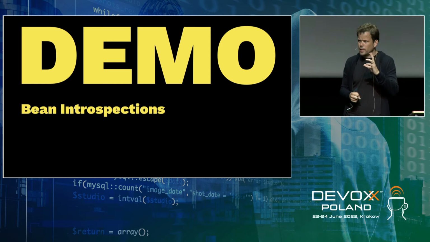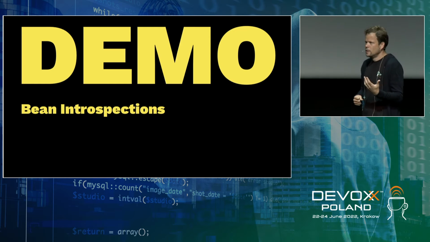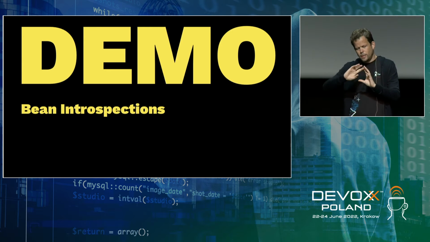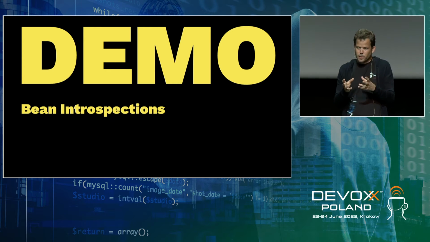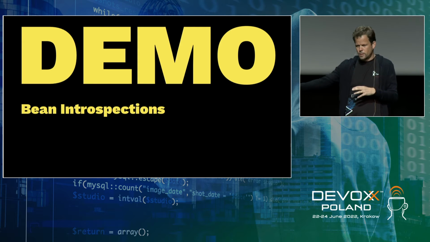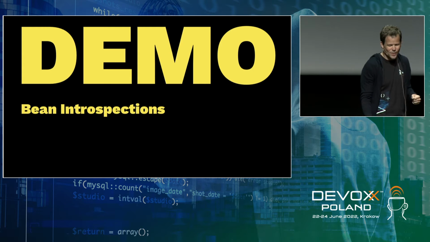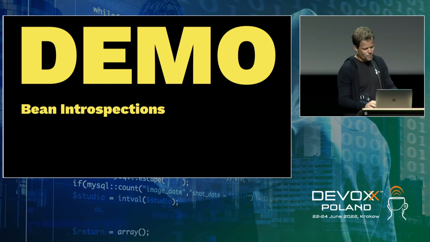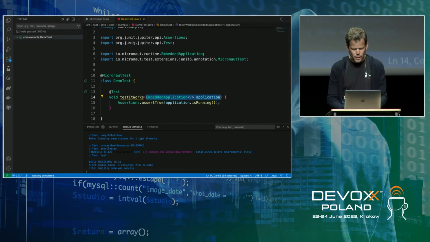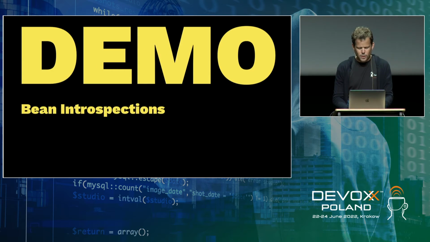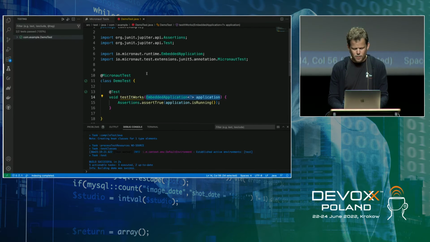And obviously, we needed a way to dynamically read those objects, turn them into JSON, read them from JSON, write them into a database, et cetera, but without using reflection. And that's what bean introspections are. One of the fundamentals of Micronaut are bean introspections.